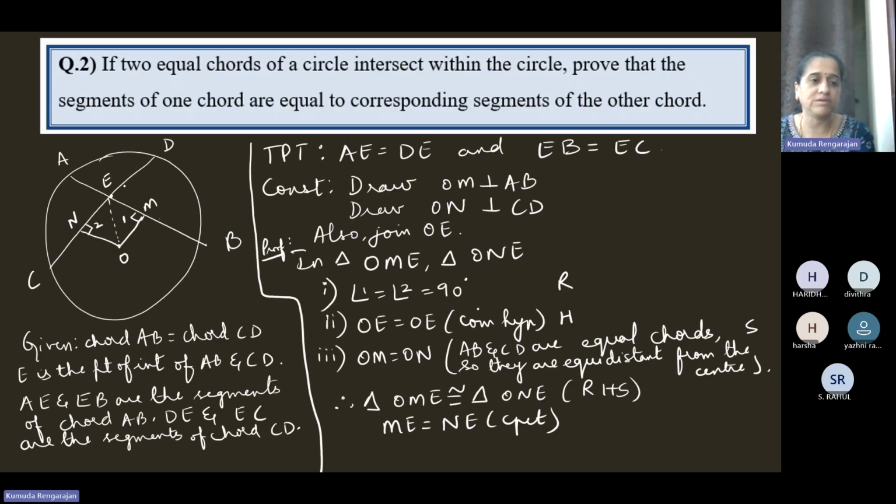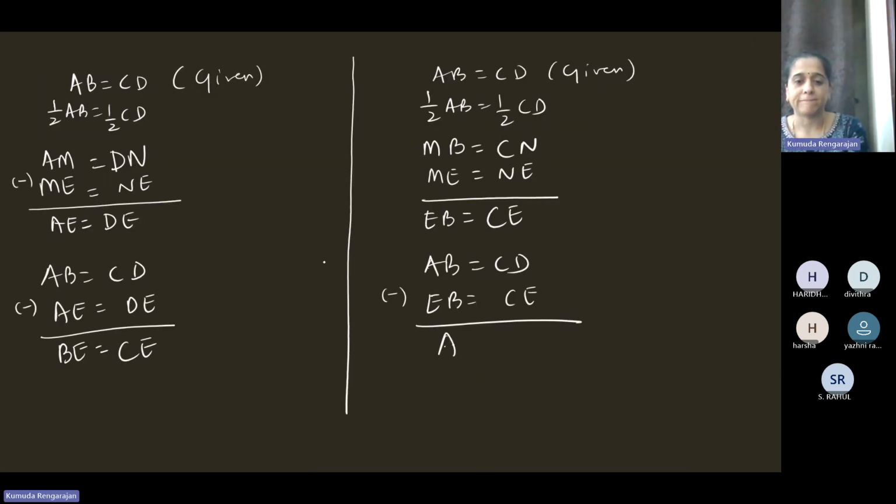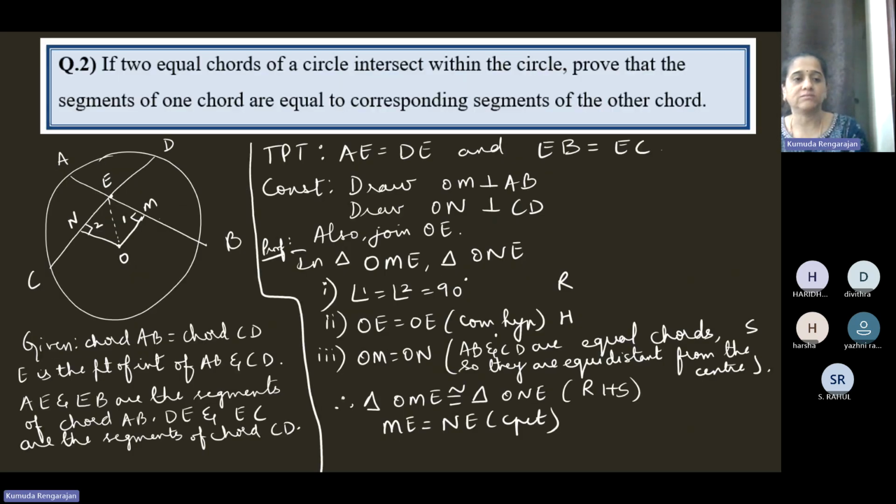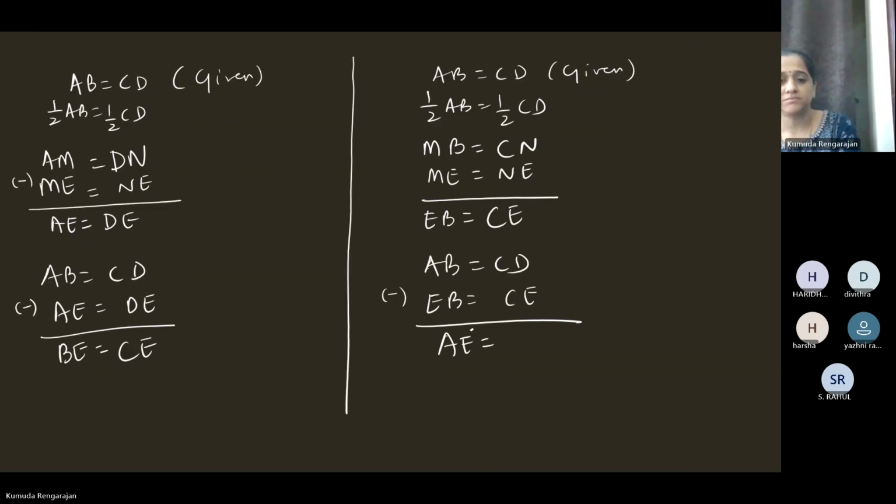AB minus EB is AE, equals CD minus CE, which is DE. So the result you got here, you're getting it here too.